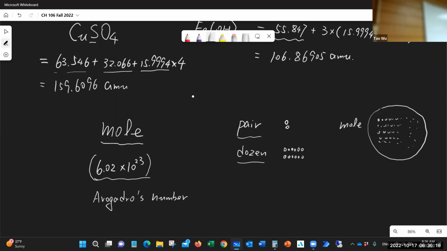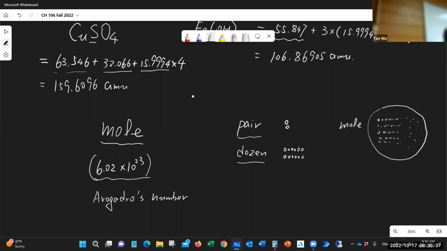So if you have 1 mole of that stuff together, no matter what kind of elements, the mass will make sense to us. That is why people, especially in chemistry, use 1 mole.